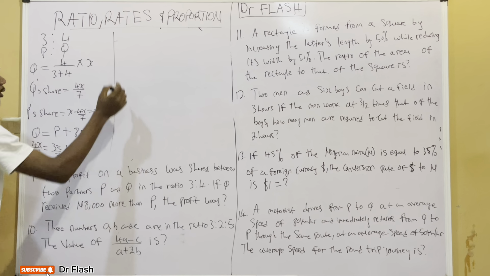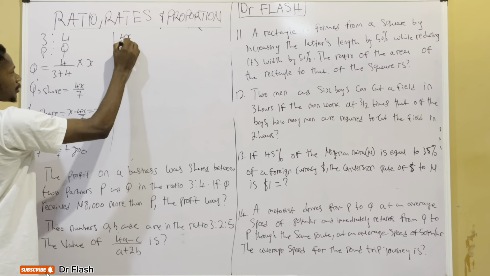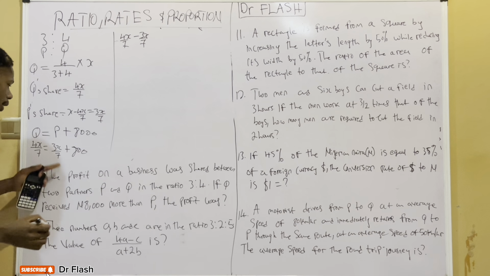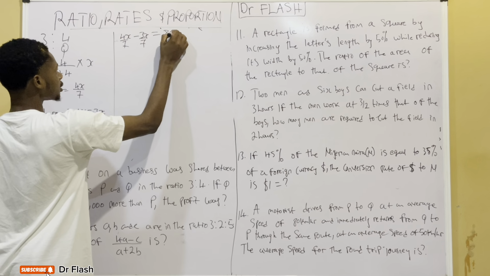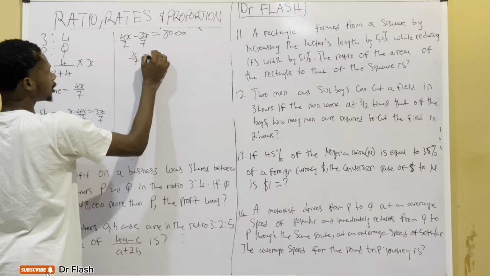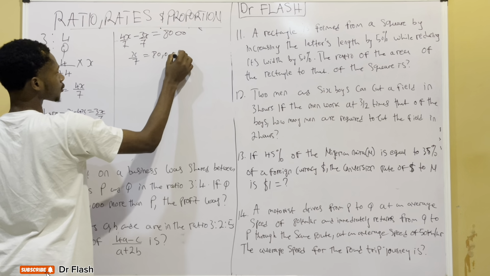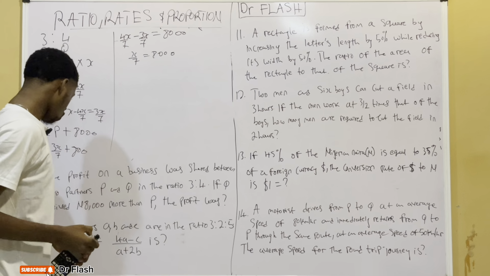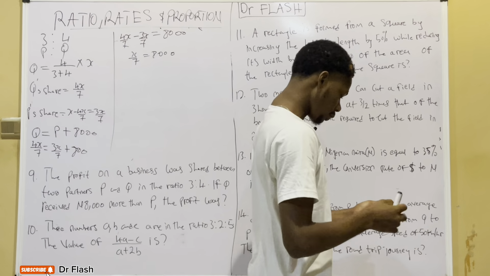Taking this to the other side, you get 4x over 7 minus 3x over 7 equals 8,000. When you do the math, you get x over 7 equals 8,000.